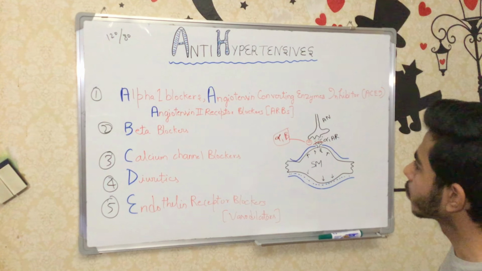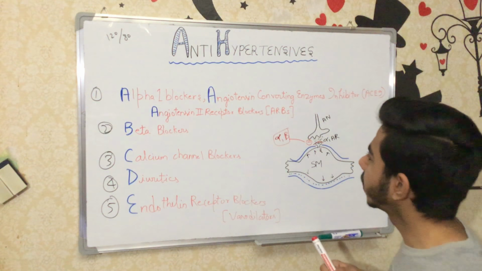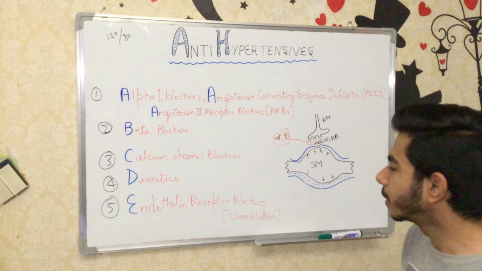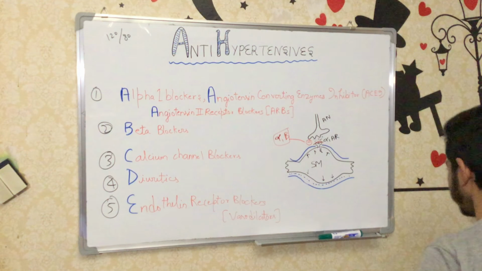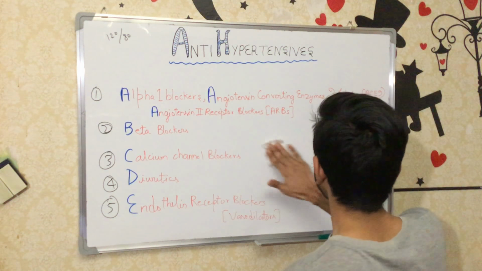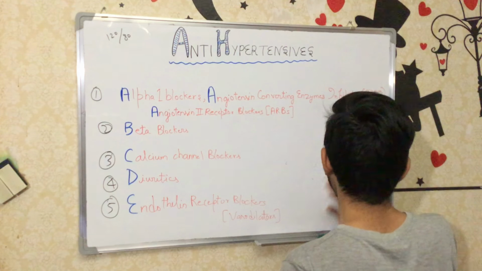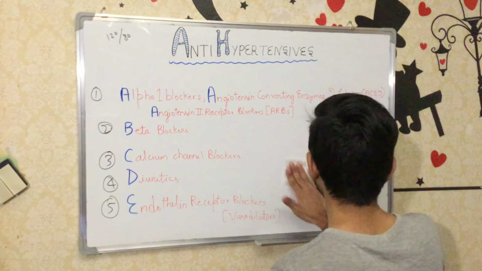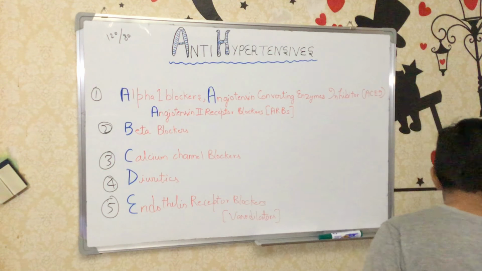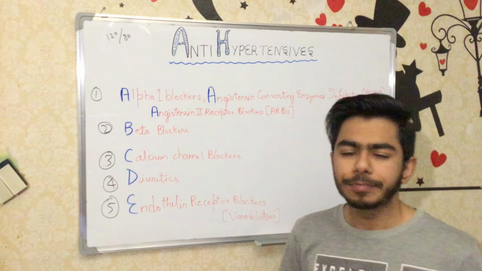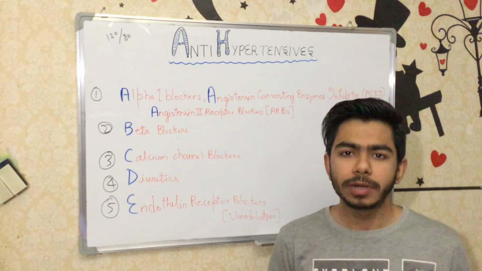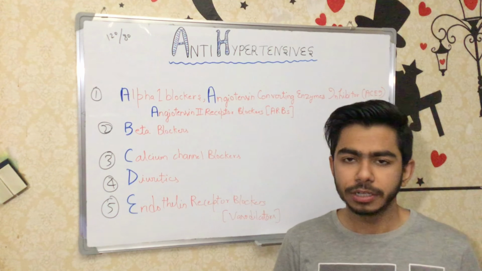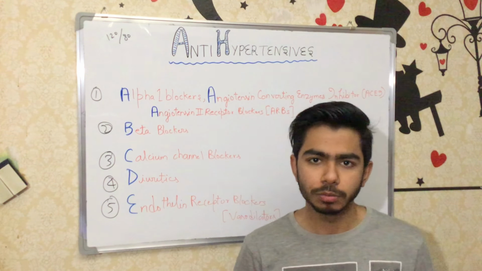Now, if we talk about the angiotensin converting enzyme inhibitors, what happens in this situation? Usually, in our kidney, juxtaglomerular cells are present, as you all know. Over there we have the macula densa cells near the portion of the DCT, distal convoluted tubules.